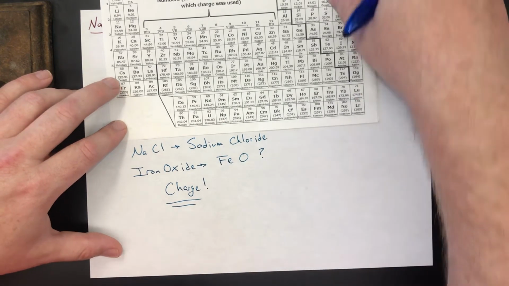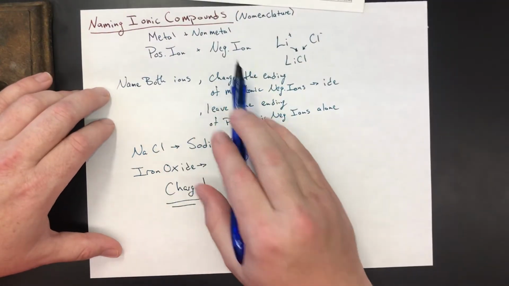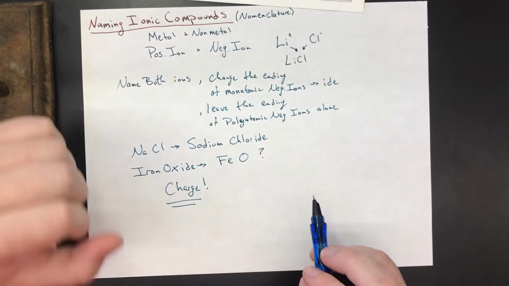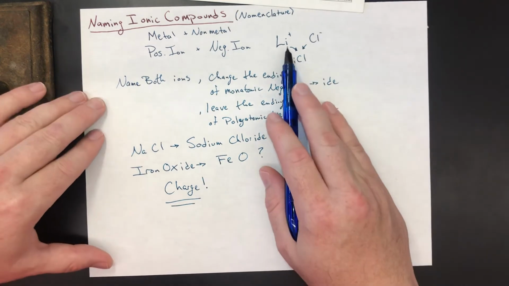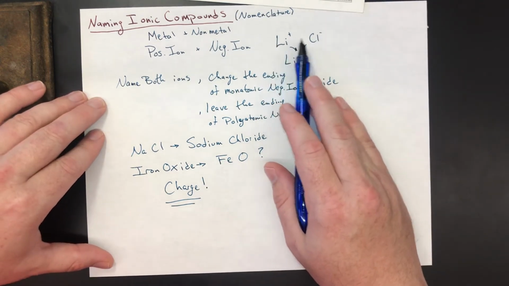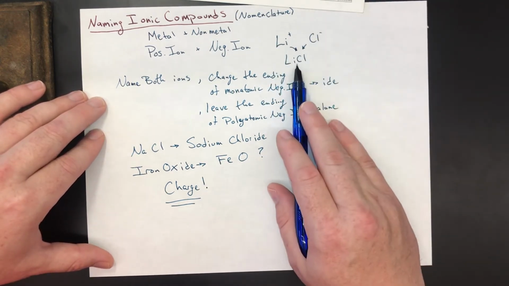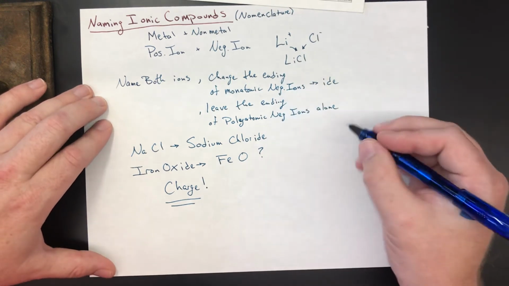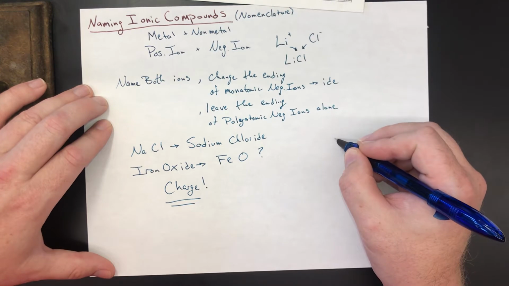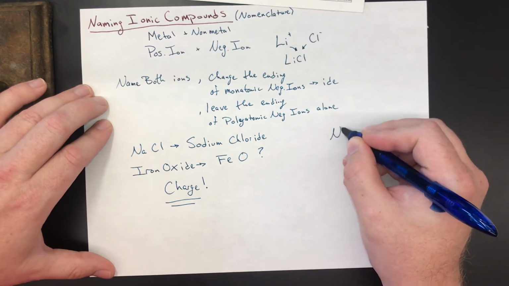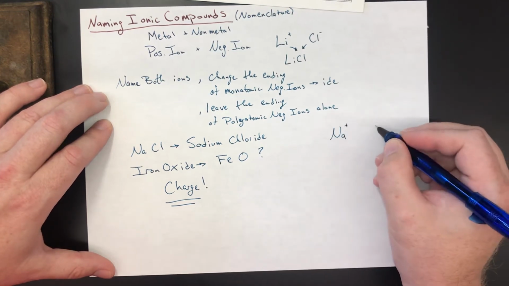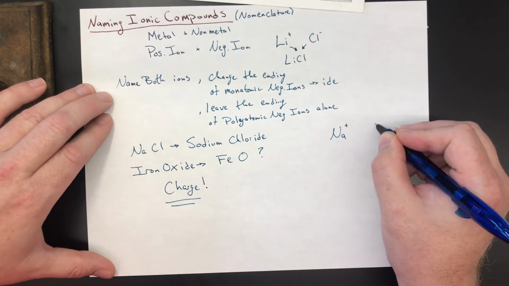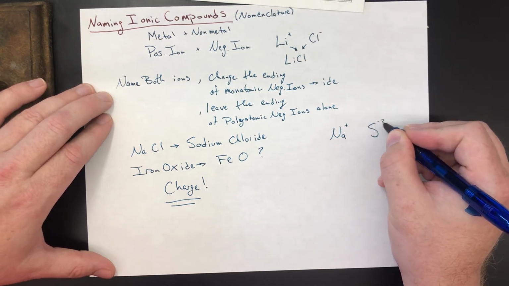When my positive and negative ions come together, they have to balance out their charge. For my example up here with lithium, this was +1, chlorine was -1, so we get LiCl. But if I had another example, let's say sodium, which is +1, and sulfur, which is a -2 charge.